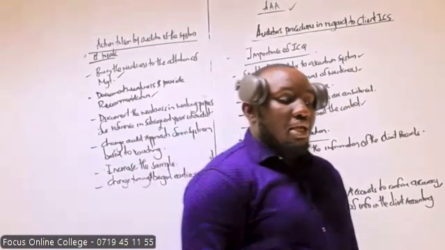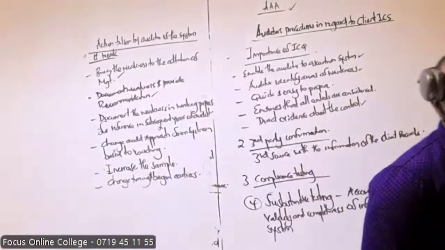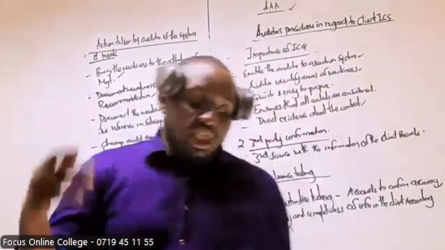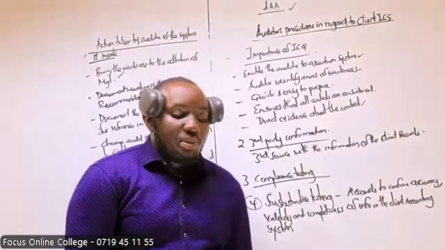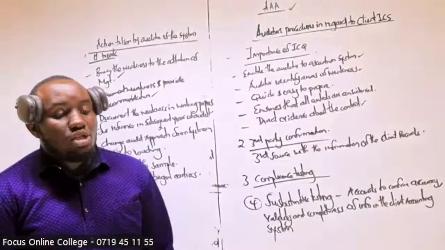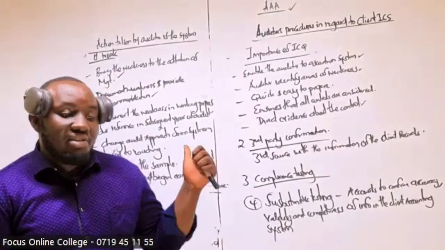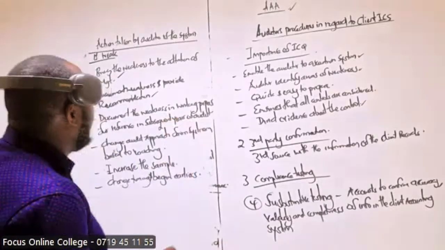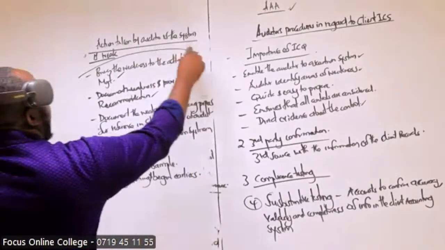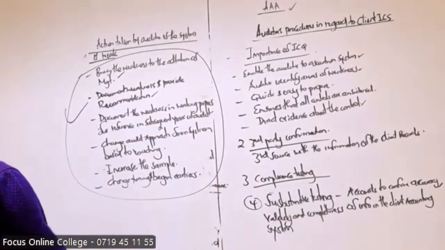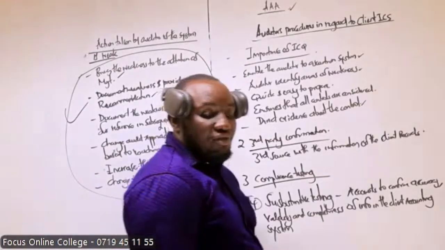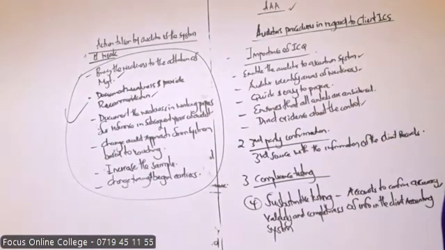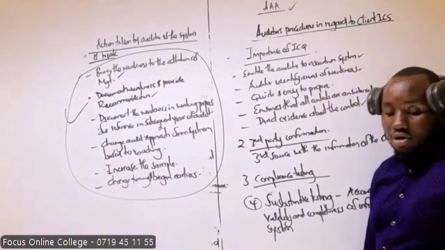These are actions that you, as an auditor, carry out if you notice that the system is weak. Give me a yes if you're together.